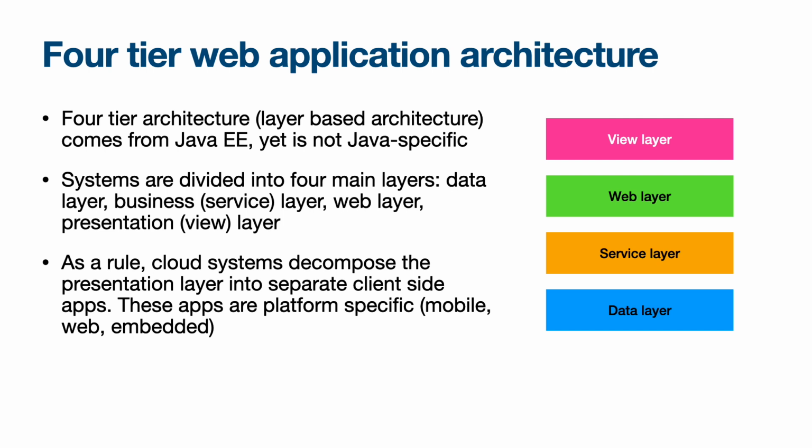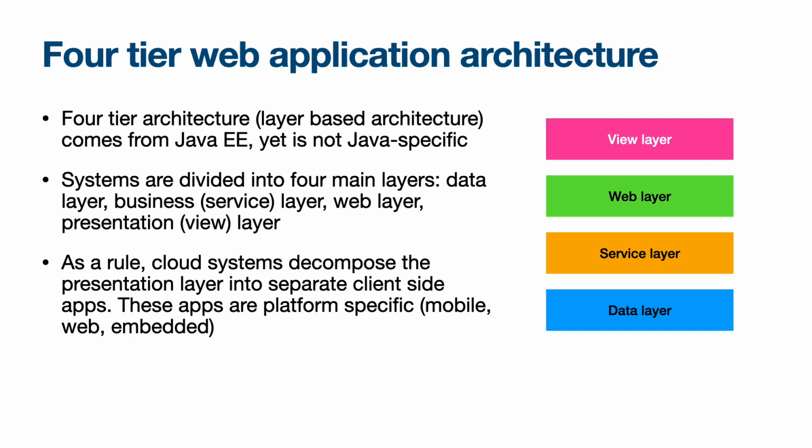However, it's not Java specific, because it's also implemented in other technologies. It's called a 4-tier architecture. So basically we have 4 tiers here: a data layer, a service layer, also called a business layer, a web layer, and a presentation layer.